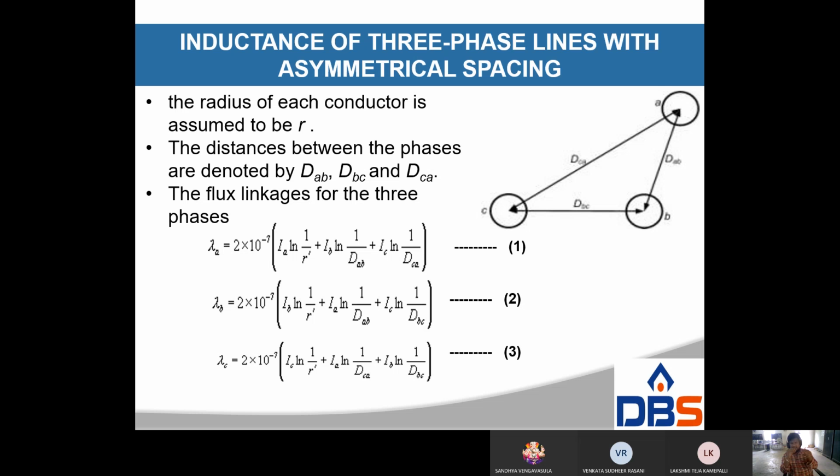Suppose in one line A, B, C, in another line B, A, C, in another line C, A, B, like that. We have to interchange the transmission line positions so that we get equidistance or equal inductance.